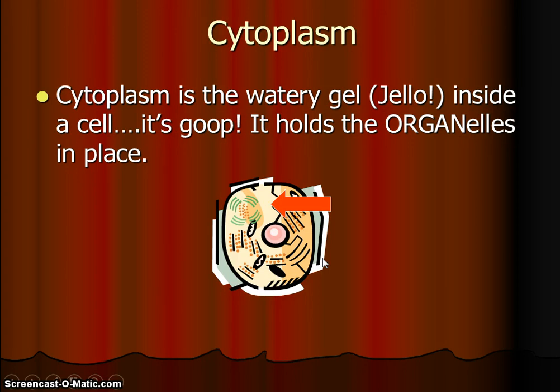Cytoplasm is the watery gel, or like jello, that's inside the cell. Okay, it's like goop. It holds the organelles, which organelles are a cell's parts. Okay, so all this beige in here that's surrounding the organelles is the cytoplasm.